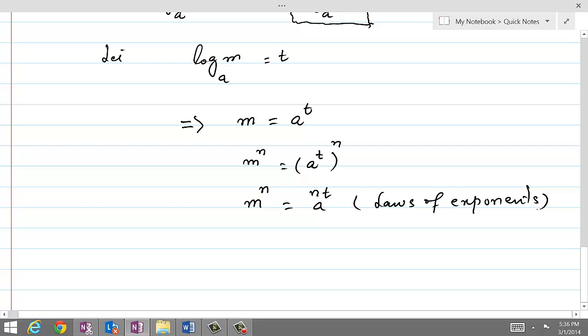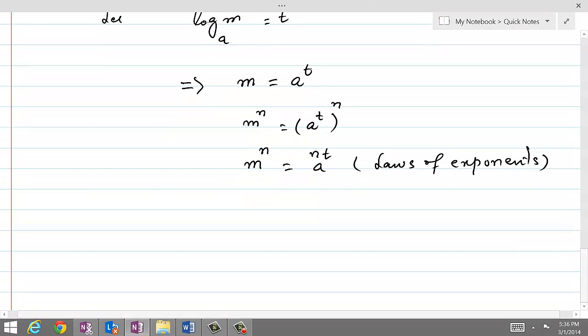And here, if we change this into logarithmic form again, this will become log of m power n base a is equal to n t. And now we can place the value for t.